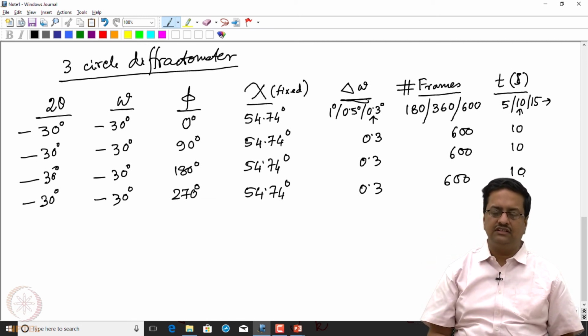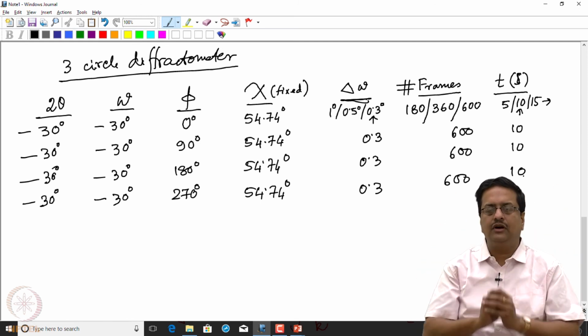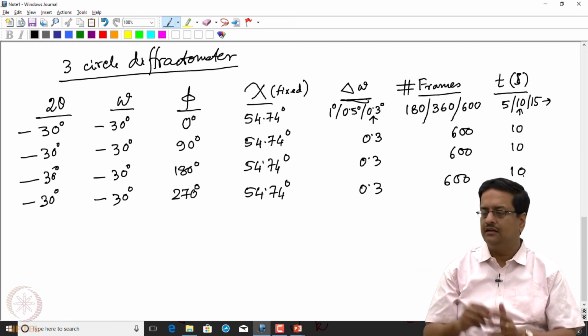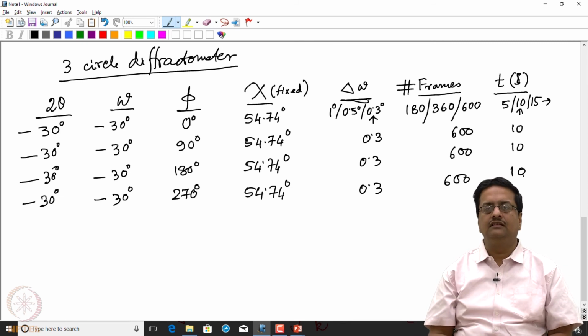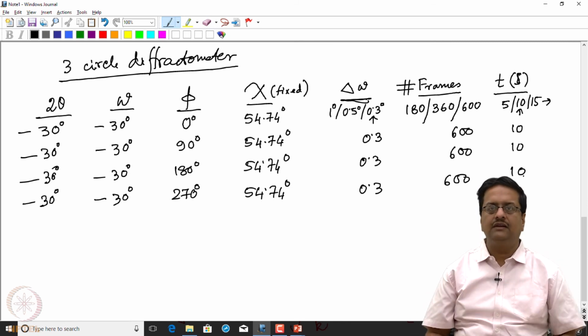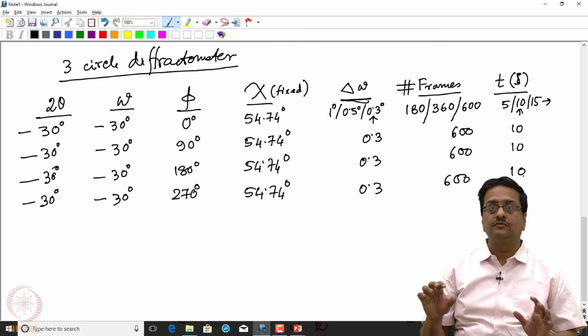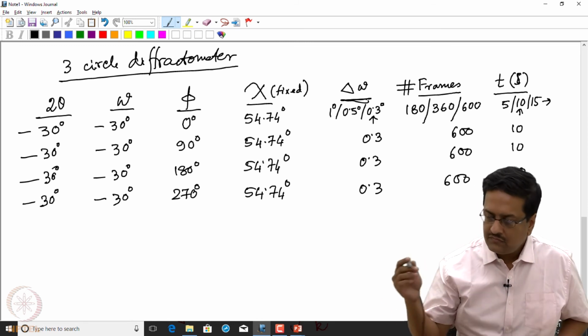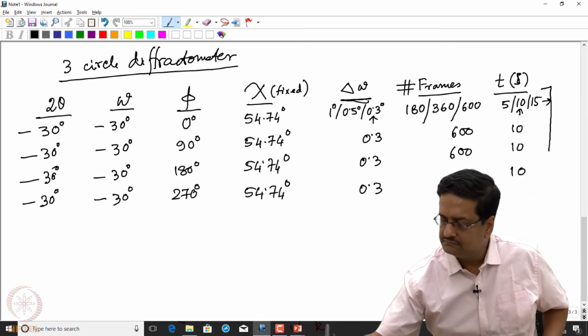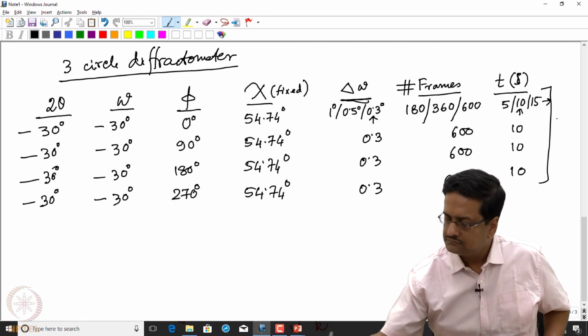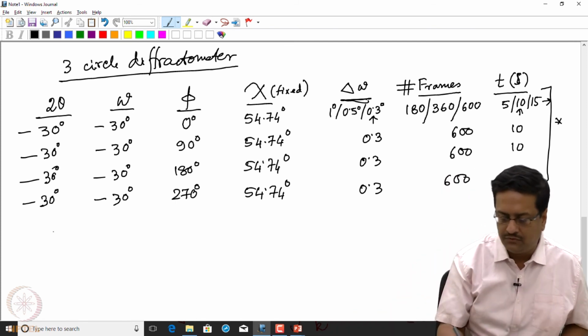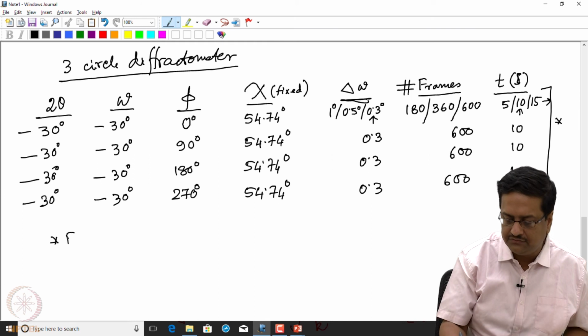So in this process, all the reciprocal lattice points which come under a sphere are going to be recorded, and whatever strategy I have written here corresponds to a full sphere data. All these 4 sets represent a full sphere data.